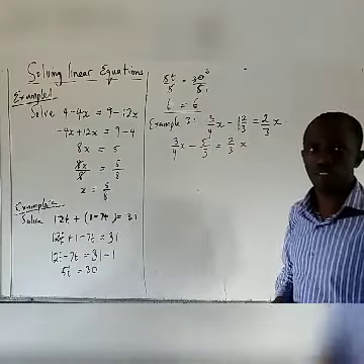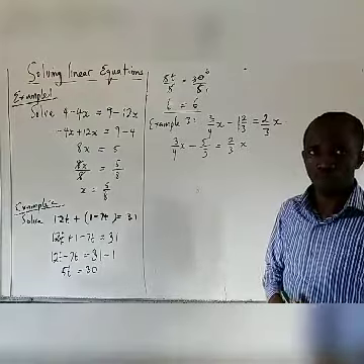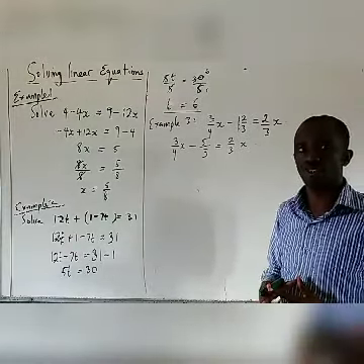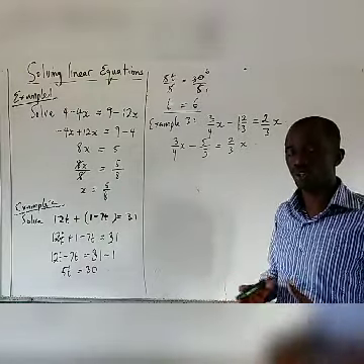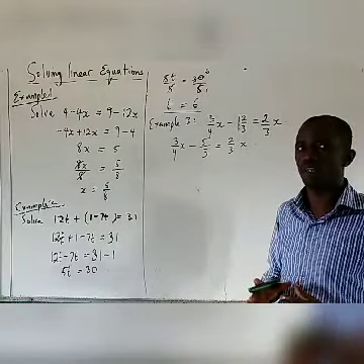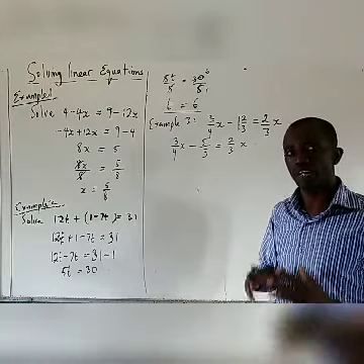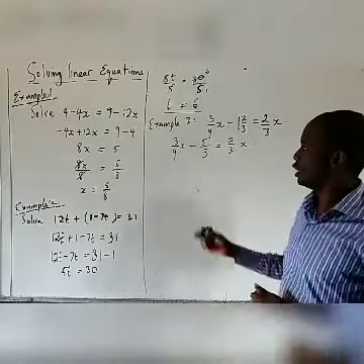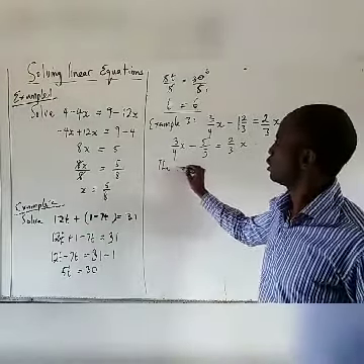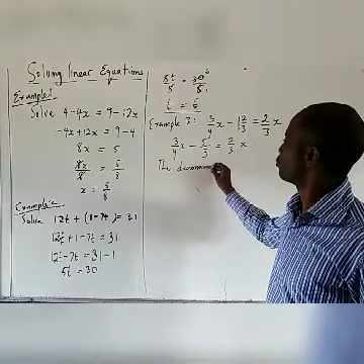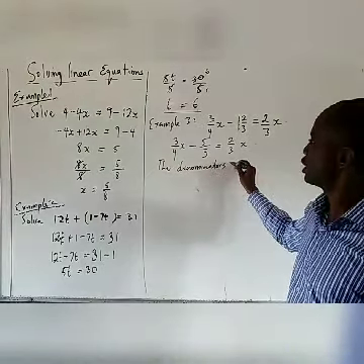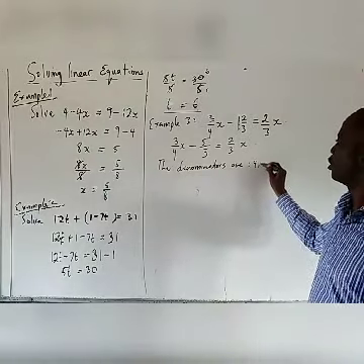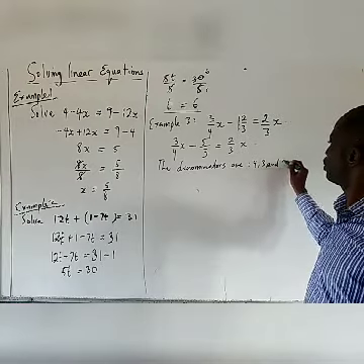So after you express it as an improper fraction like this, what you are going to be doing next, anytime you see a fraction and it's either addition or subtraction, anytime, anywhere, what you must do is to look for the LCM. So we are going to be looking for the LCM of the denominators. The denominators here are 4, 3, and 3.